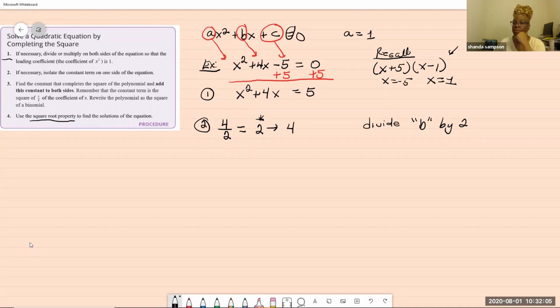All right. Step 3 is to add the number that you got from number 2 to both sides. So in our problem, we have x squared plus 4x plus 4 is equal to 5 plus 4.